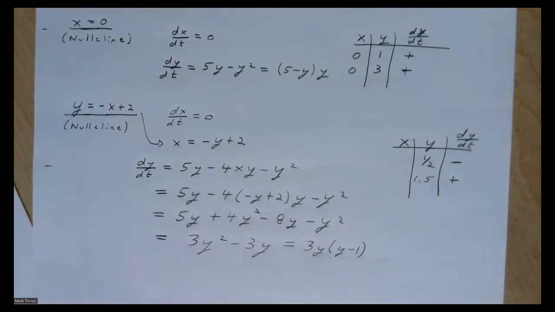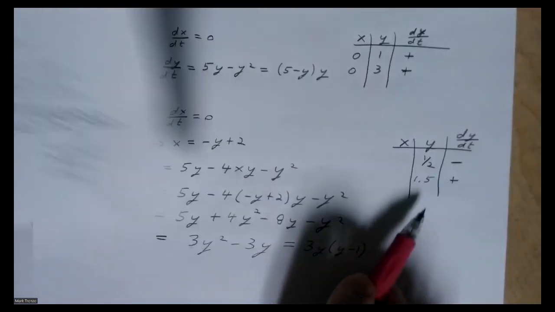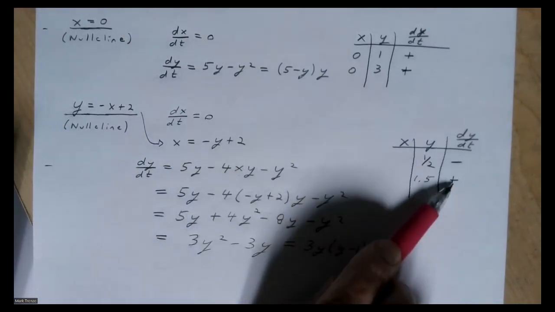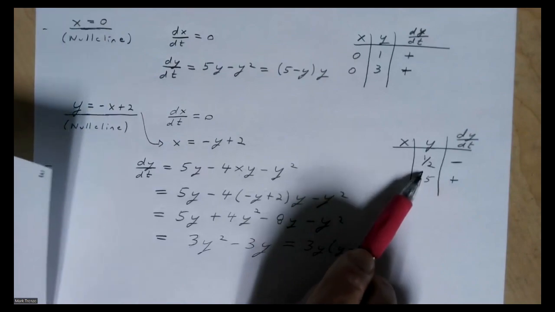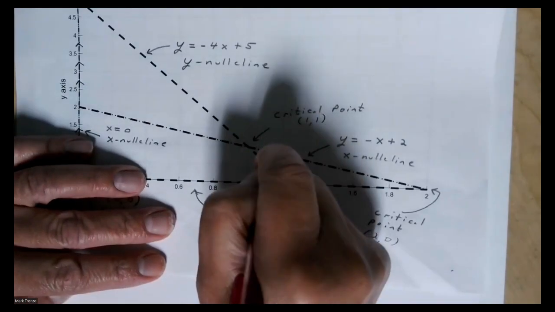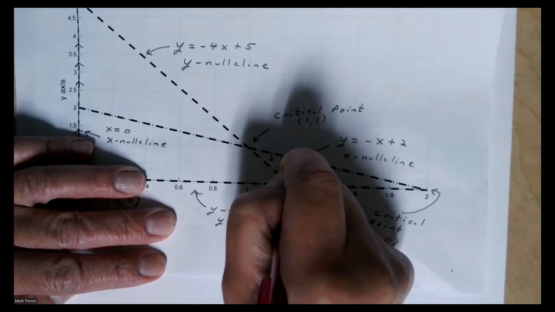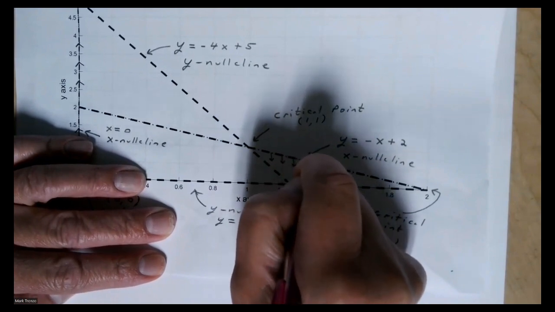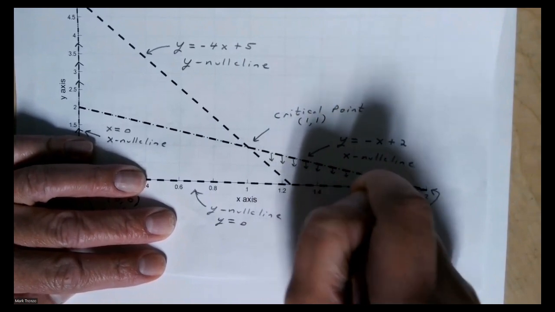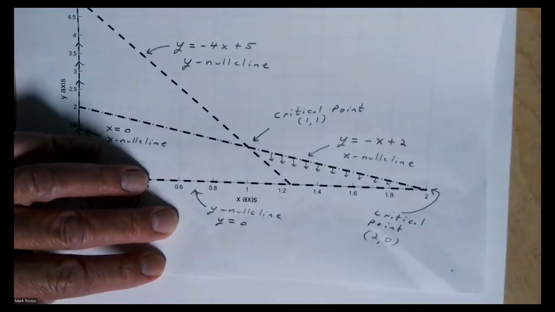So again, what does that mean? Let's draw those over here. Remember dx dt is always 0, so the only change is going to be in the y direction. And in this region here, it's going to be negative, so this is going to go down. I don't know how many of these you have to put in, just get an idea. It's going to be going down like this.